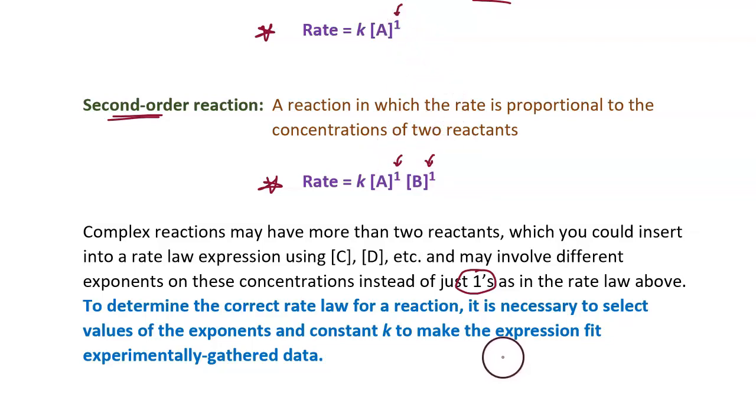But rate law equations could go to other exponents in order to be true equations that match what you find out experimentally. To determine the correct rate law for a reaction, it is necessary to select values of the exponents and a value for K that makes the expression fit experimentally gathered data.